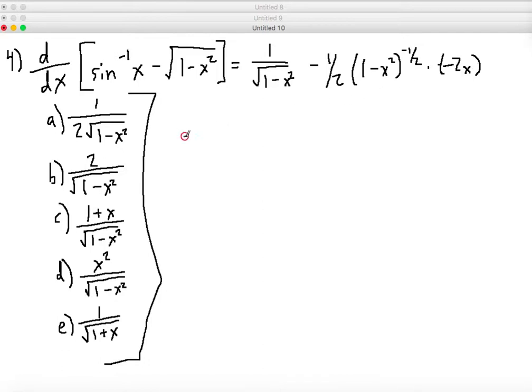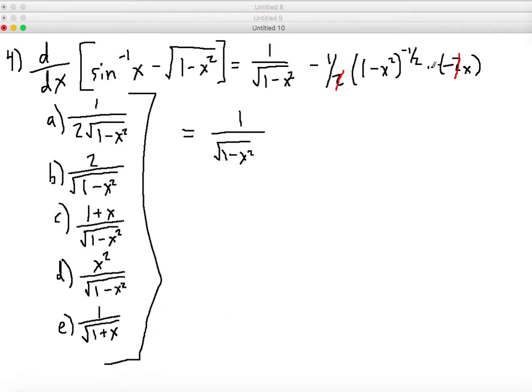Now we just have to simplify. And simplifying might be the worst part, or remembering what the derivative of inverse sine is might be the worst part, depending on where you're at. So what I see here is my 2's will cancel.